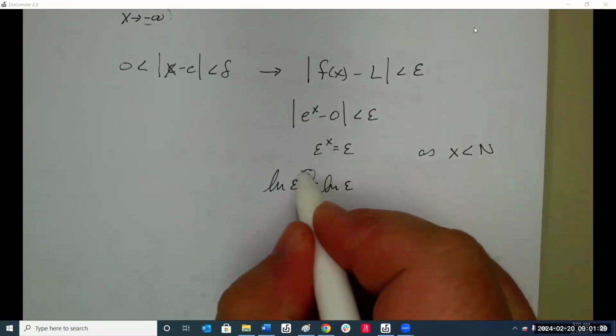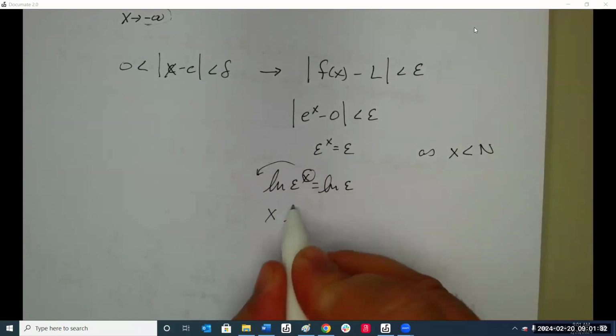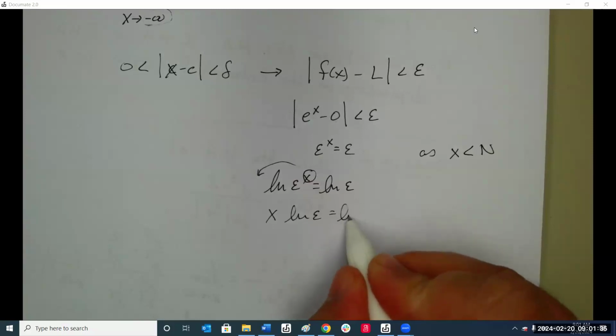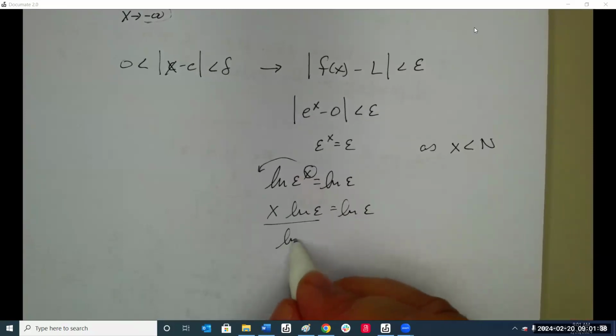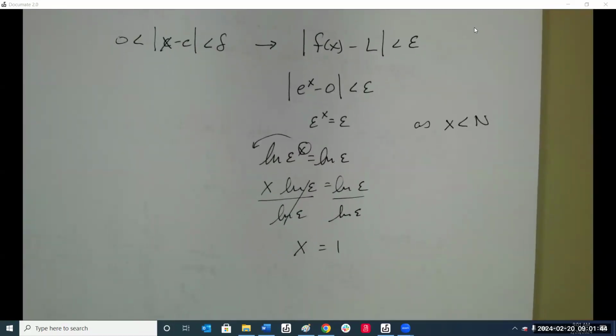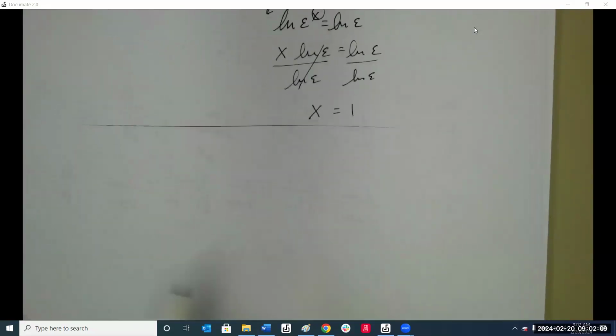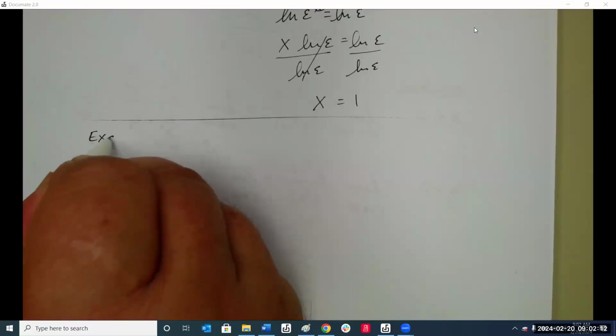So this one, x comes out front, so we have ln epsilon, so our x value equals ln epsilon and less than some value n. What number? 5. Let's look at example 6.